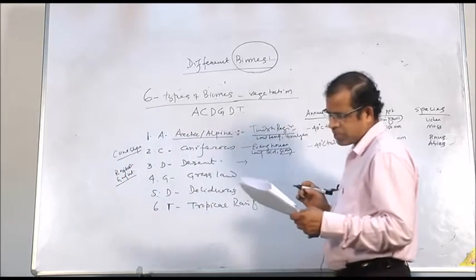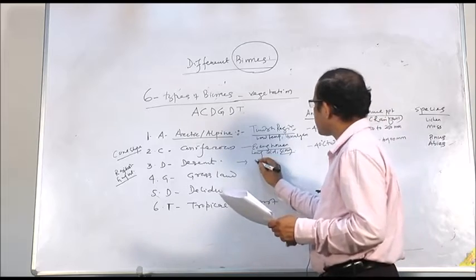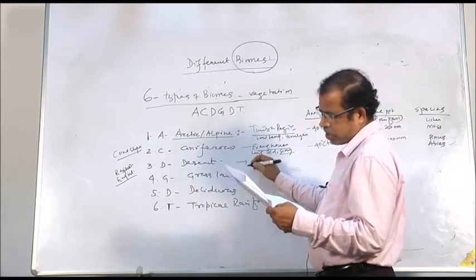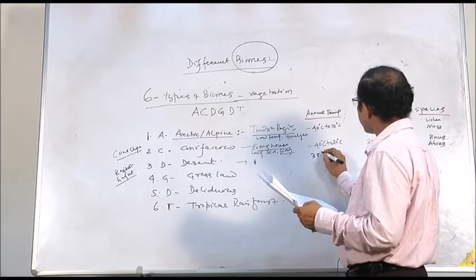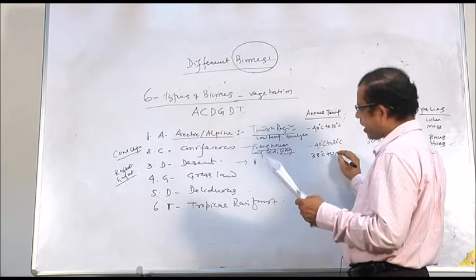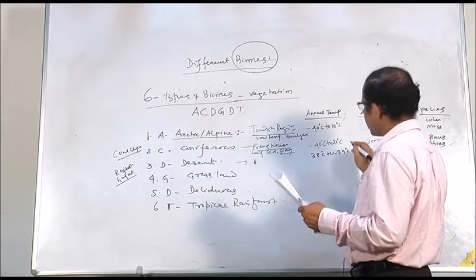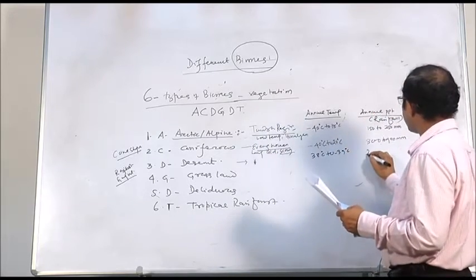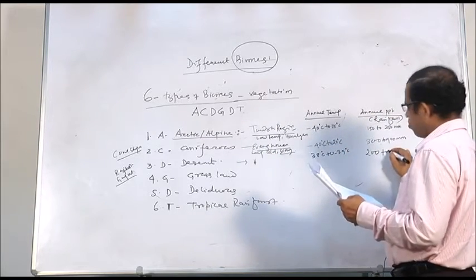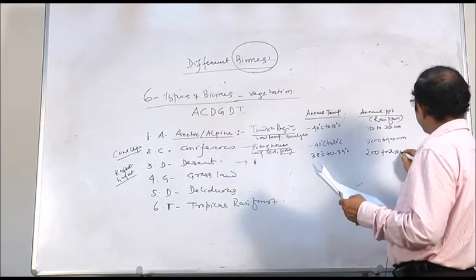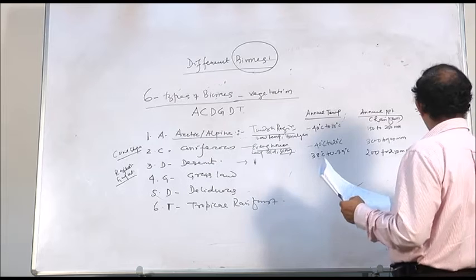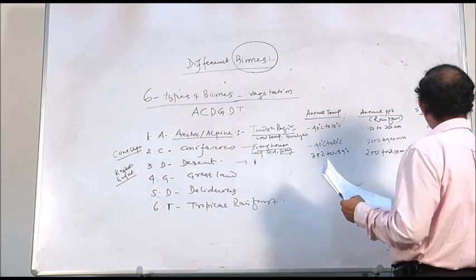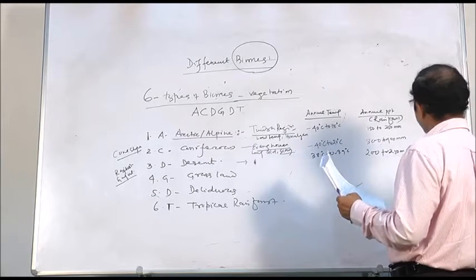The temperature of the desert, you must be knowing, is high. Here the temperature is around 38 degree centigrade to -3.9 degree centigrade, and the rainfall is 200 to 250 millimeters. As far as the species is concerned, you will find Atriplex and Artemisia.